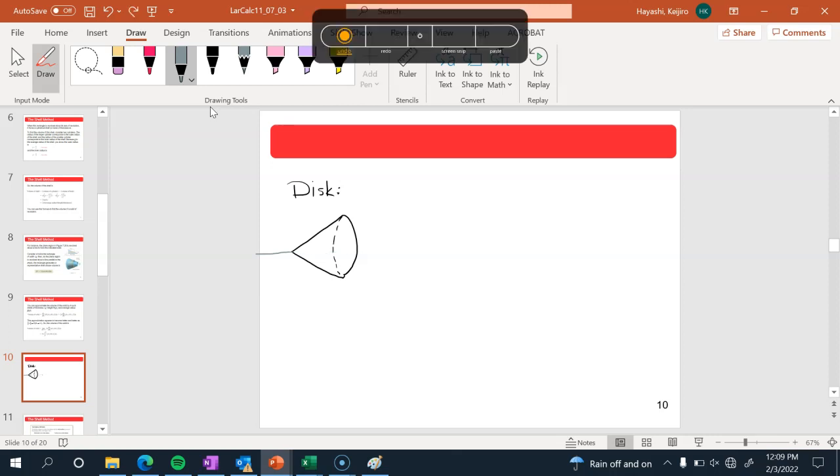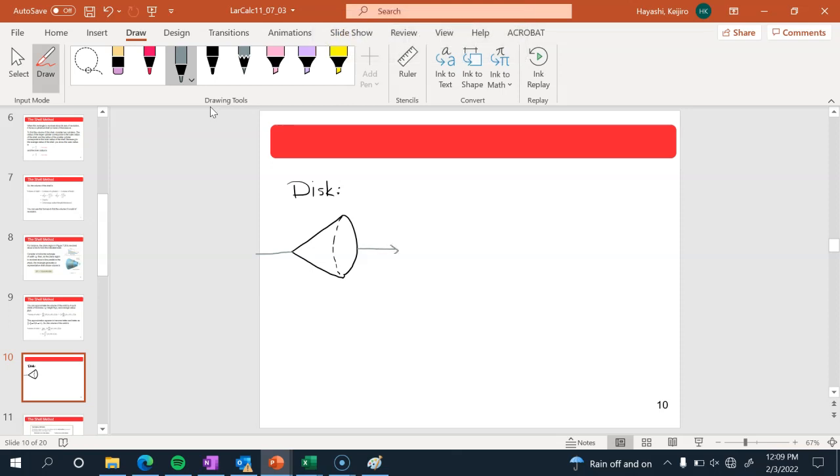Okay, so we have this cone that was formed through the process of revolution. And if we do disks, our slices are going to be perpendicular to the axis of rotation.